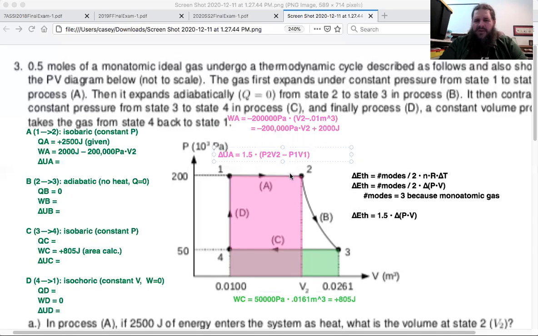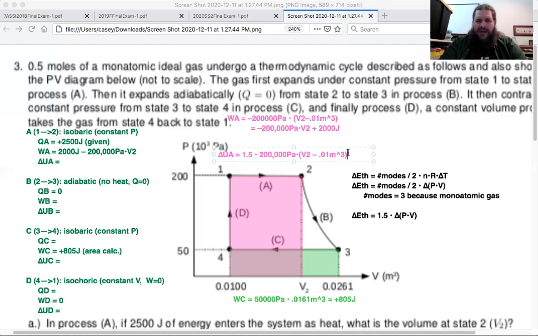We know that the pressure is not changing though, so we can actually factor pressure out of this. We don't know what V2 is, so we're leaving that as an unknown, but we know V1 is 0.01 meters cubed, and we know the pressure is 200,000 pascals.